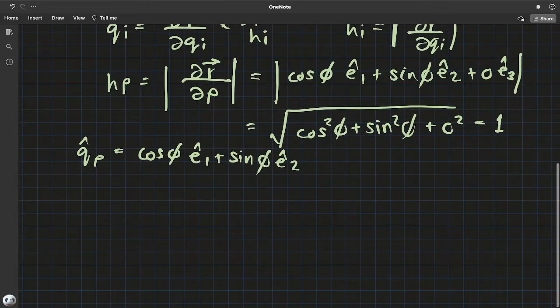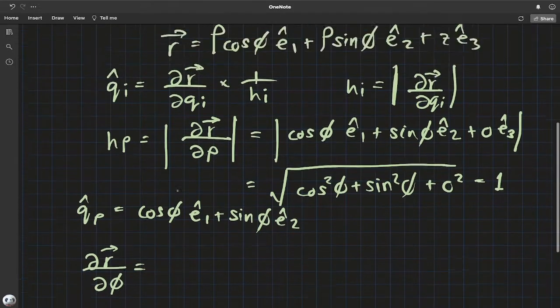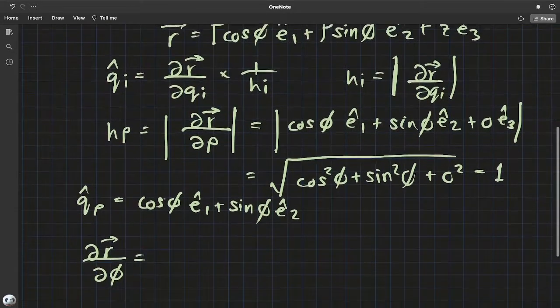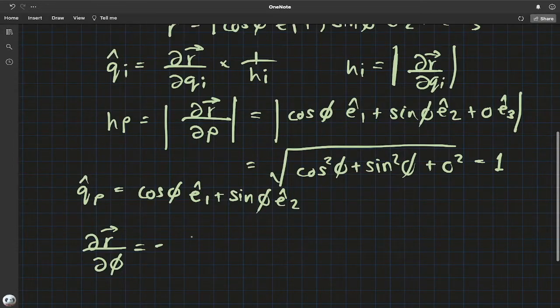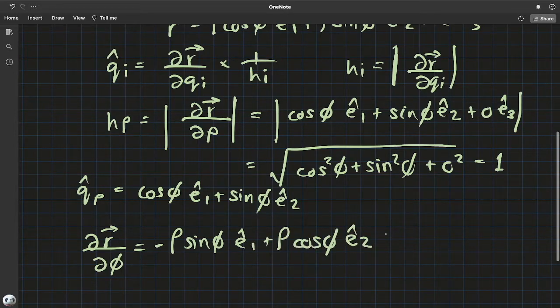So that's the rho basis vector expressed as a linear combination of the standard basis vectors. Now what we can do is we can find partial r with respect to phi. Well, differentiate this, we get negative rho sine phi e1 plus rho cosine phi e2, and then again we have a 0 e3.